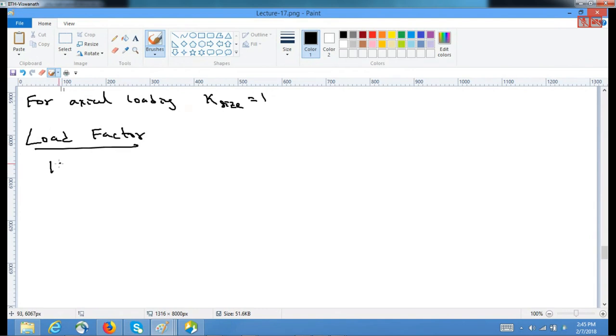K load is equal to 1 for bending, and it is equal to 0.8, and it is taken as 0.59 for torsional loading.